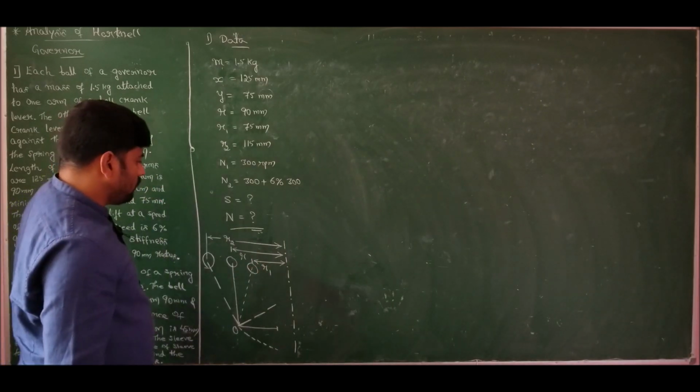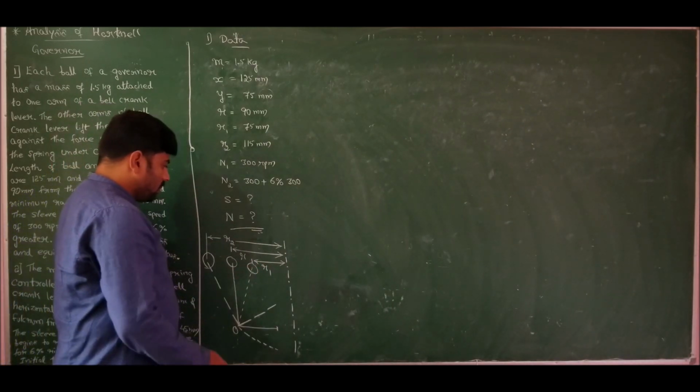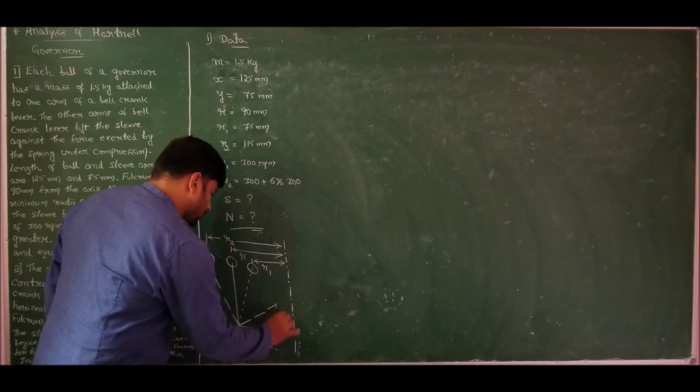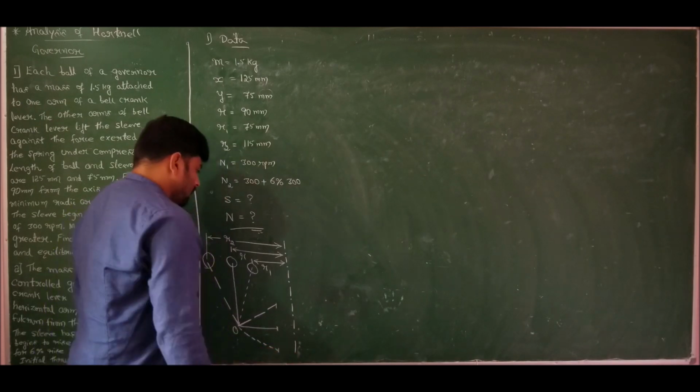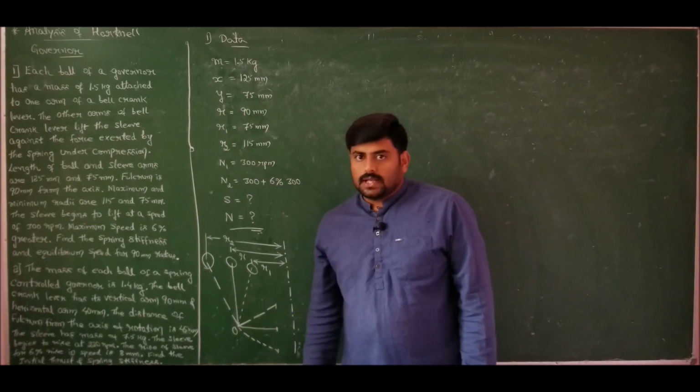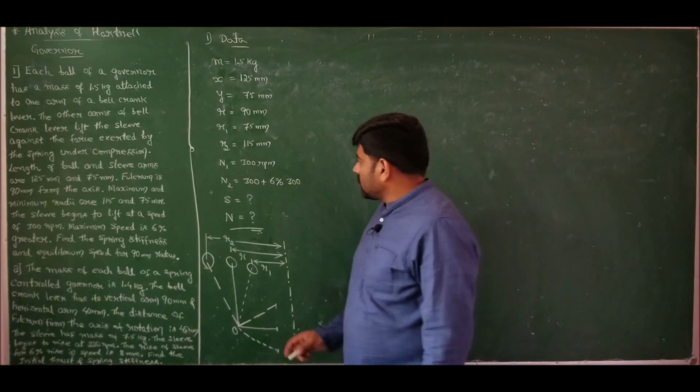So this is the given problem. Now I want to find the spring stiffness and also the value of speed at the mean radius of 90 mm. Let us solve this problem.